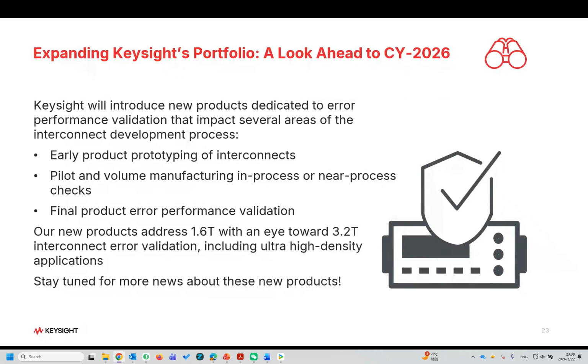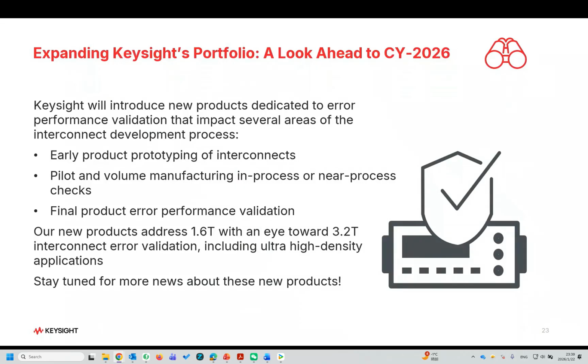Early prototyping of interconnects, pilot and volume manufacturing where we do in-process or near-process inspections and measurements, and final product error performance validation. These are products specifically designed for the task and will help, along with the Interconnect test system software, to make your life easier in managing and automating the tests involving interconnects.